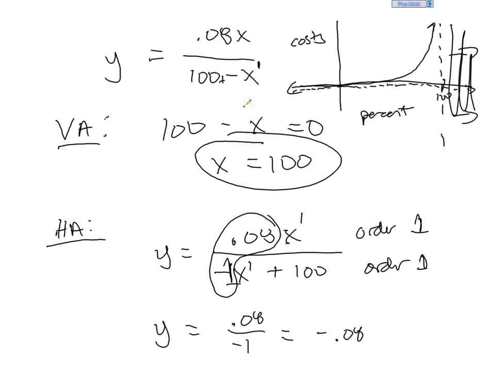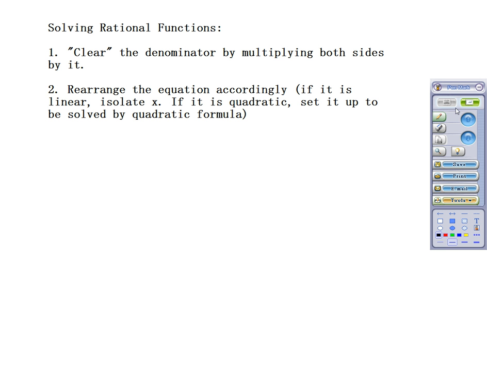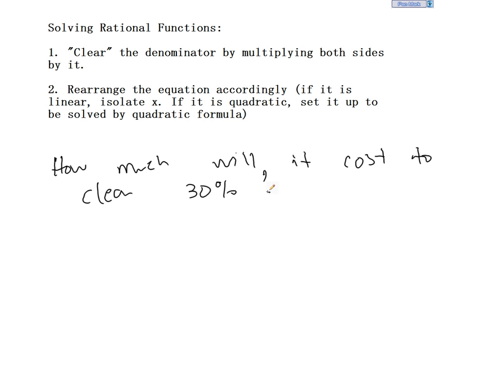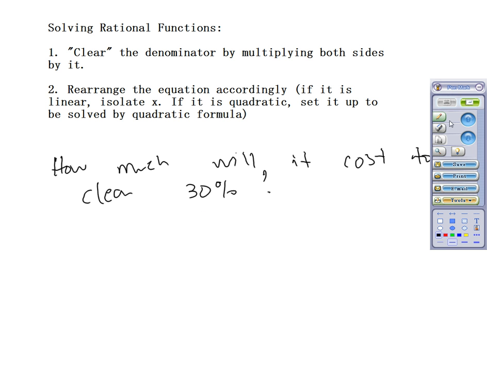So that basically tells us that as the percent of cleanup increases, the costs begin to skyrocket enormously. Well, let's say we wanted to ask, how much will it cost to clean 30%, or 35%, or whatever percent we want?